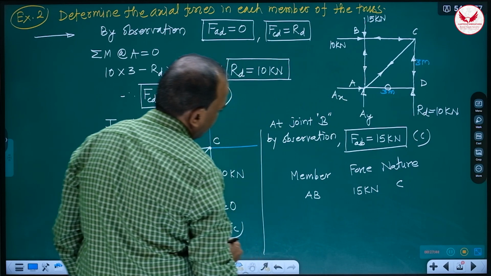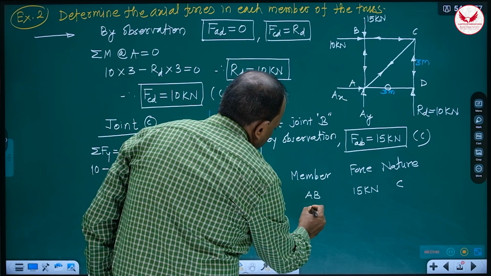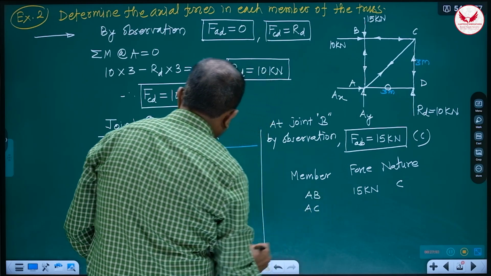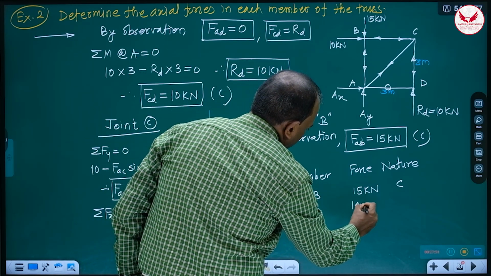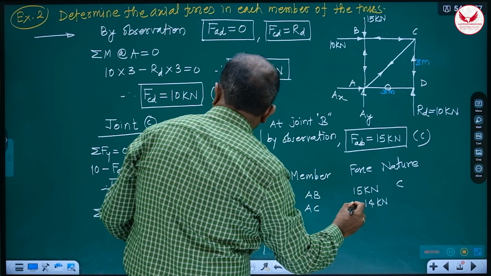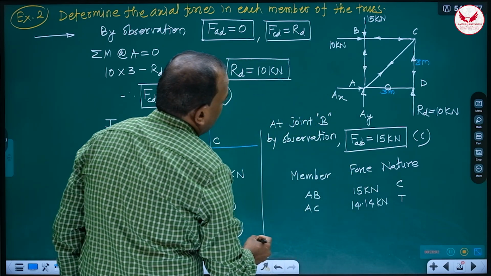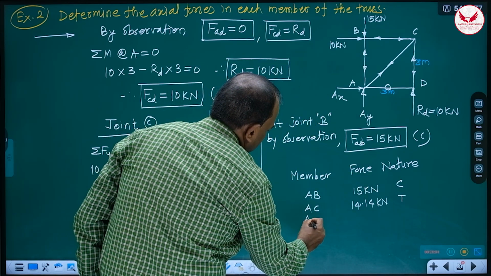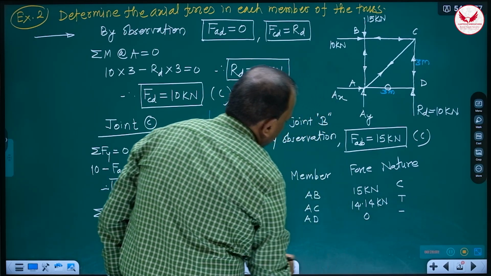Nature, compressive. Then second is what? AC. AC also we have calculated. 14.14 kilonewton. And AC is tensile. Then AD, it is a zero force member, it is zero, nature is neutral.